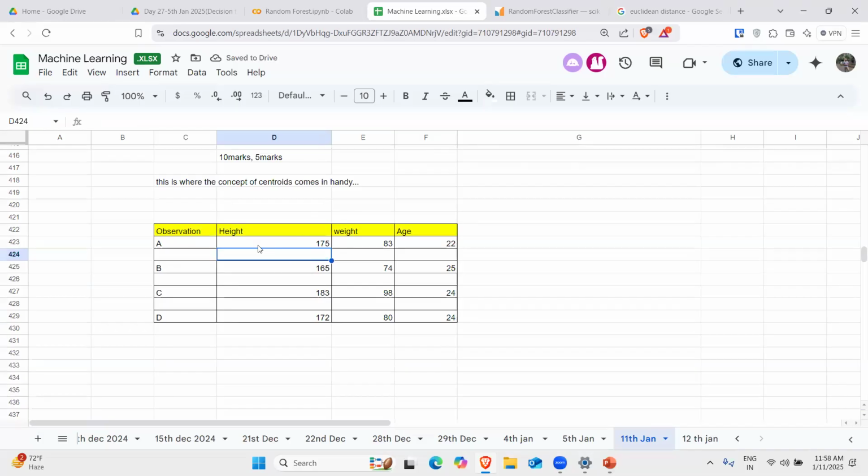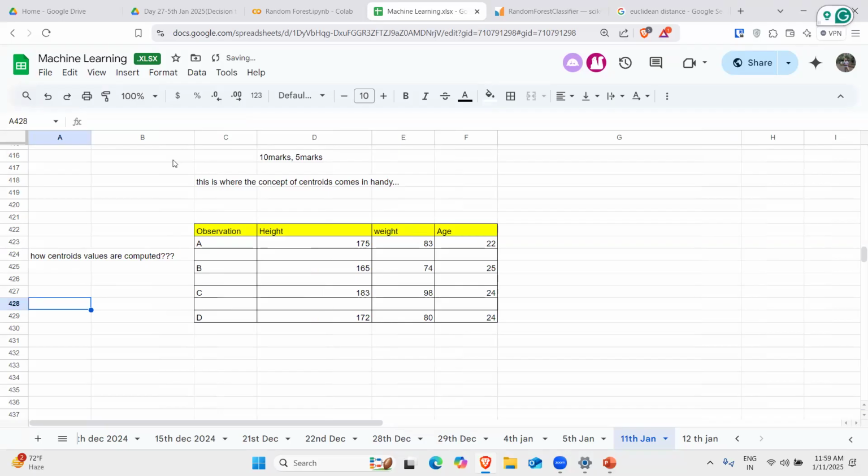Now we are going to see how cluster centroids are calculated. How are centroid values computed? So what is a cluster center?